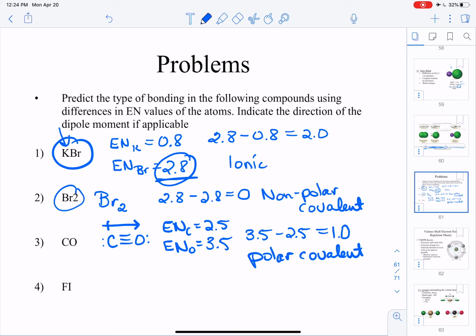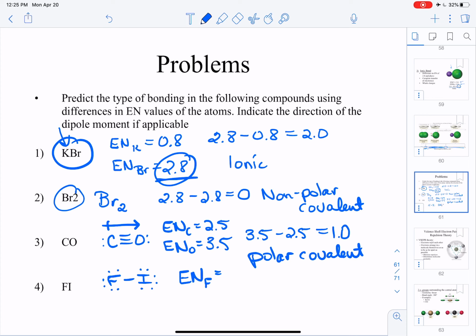All right, number 4. Number 4, we've got iodine bonding to fluorine. So if we were to draw the Lewis structure for this molecule, it would look like this. And the electronegativity value for fluorine, we should have that in our head already.